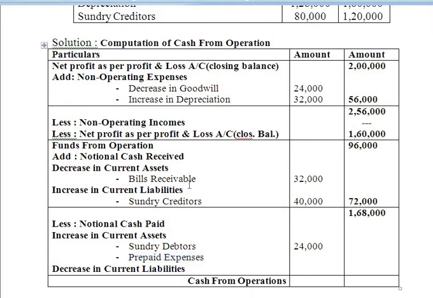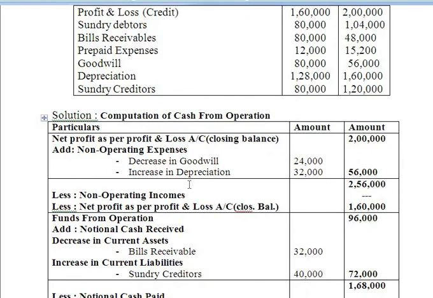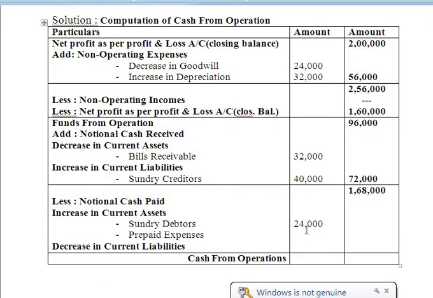We can check over here. Prepaid expenses 12,000 and 15,200. So 15,200 minus 12,000, it is 3,200. This is the total increase in current assets.